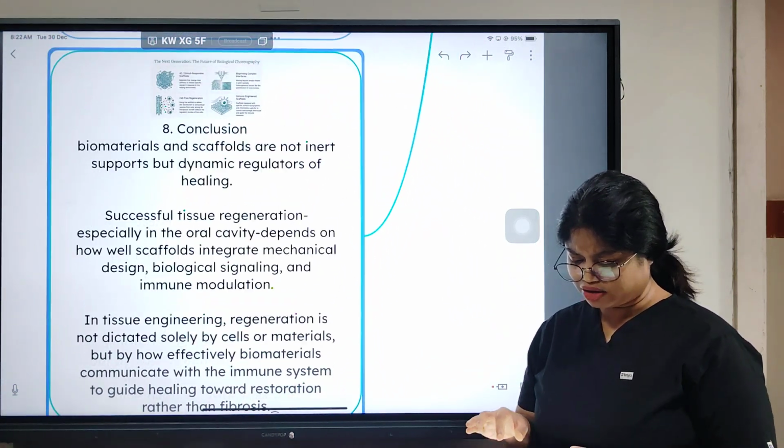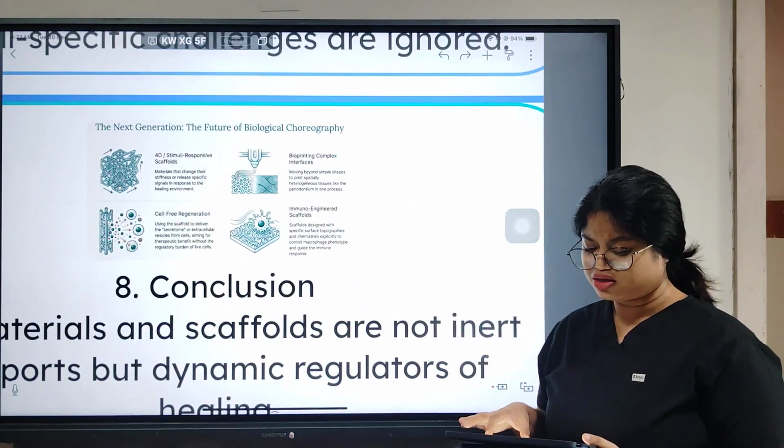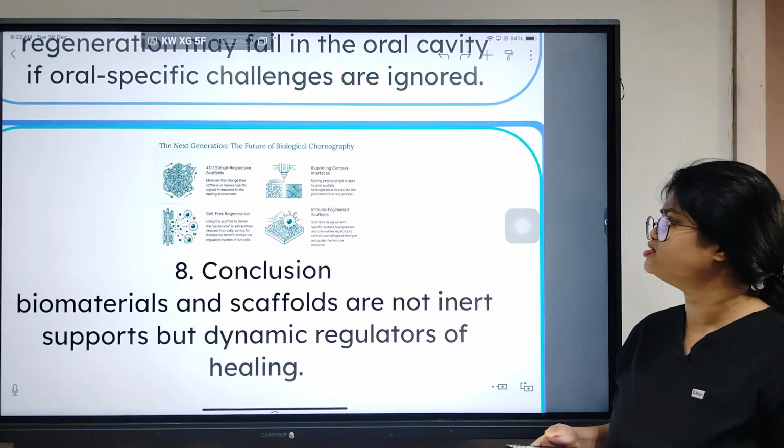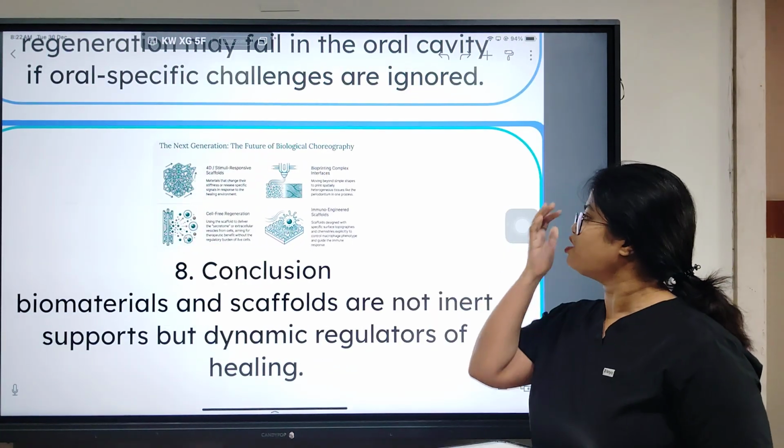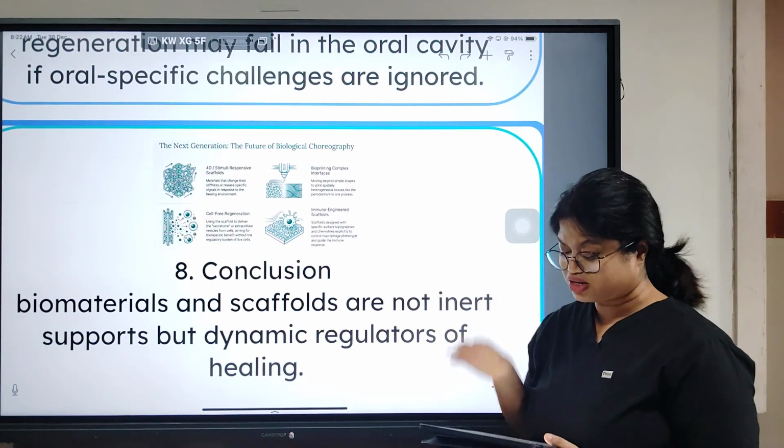So lastly, to conclude this picture, the next generation, the future of biological choreography. What are the research areas of interest?